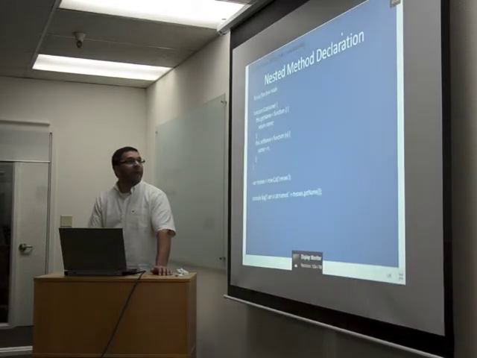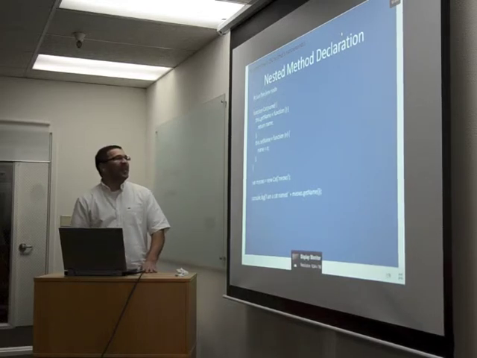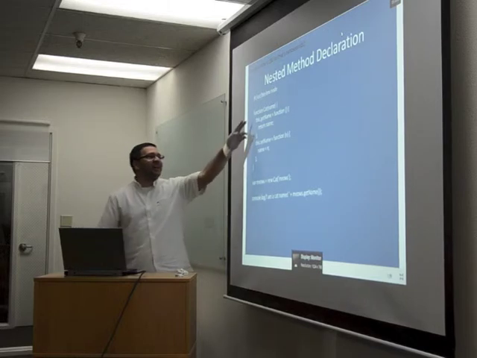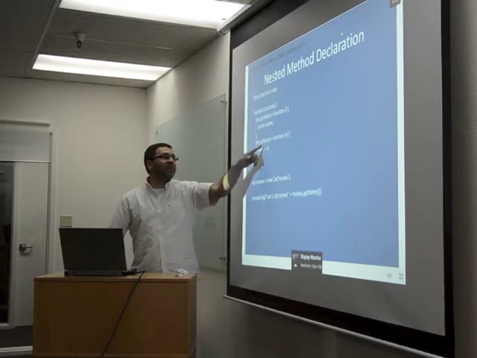Okay. Nested method declarations. This one's 100% stolen from Trevor's talk. Basically, we're defining a constructor function. So function cat. Cat has two methods: getName and setName.